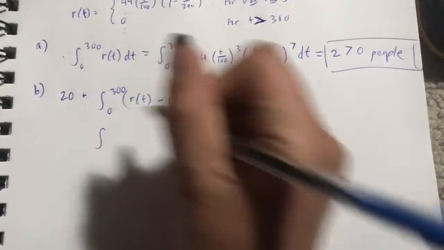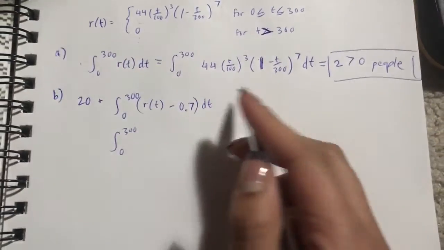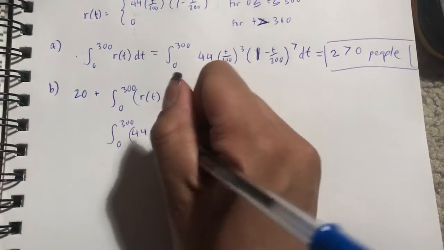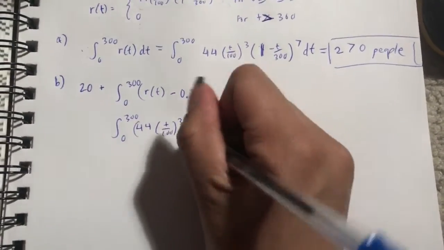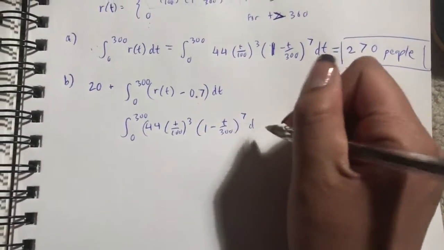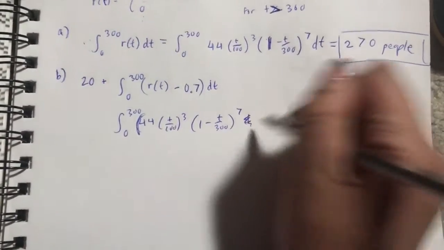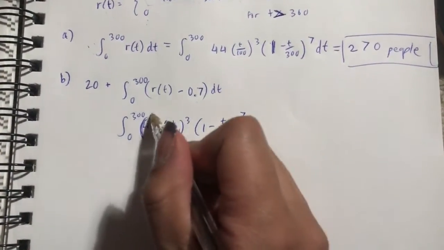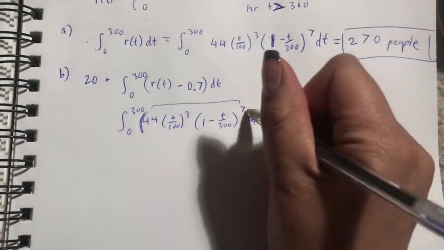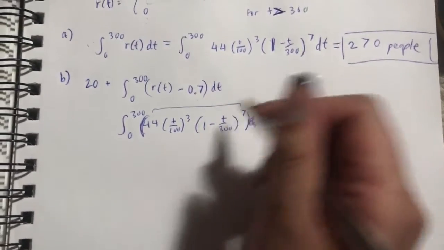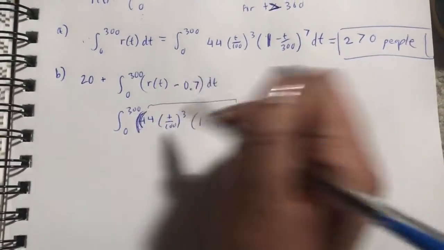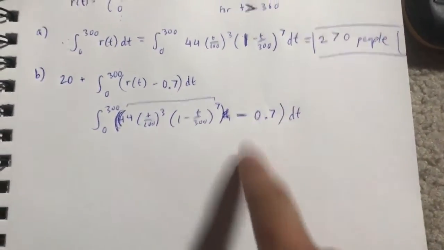So r of t though is the function that we put up there, which is, I guess I'll write it out. 44 times the quantity of t over 100 cubed times the quantity of 1 minus t over 300 to the 7th power. So this is r of t, and then we subtract 0.7. Should probably group that together. And then we're going to put this into the calculator.